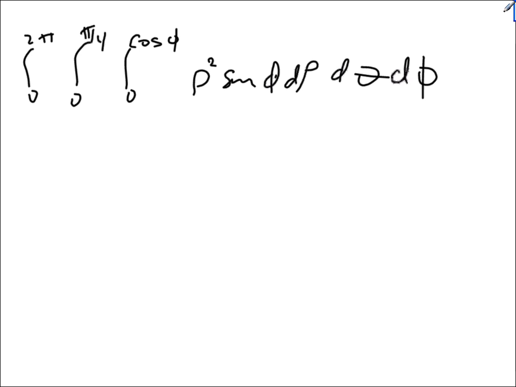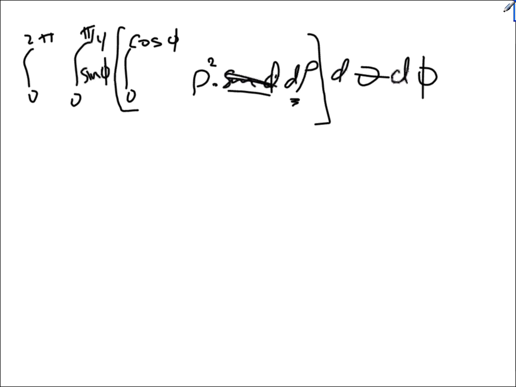Okay, we do the innermost integral first with respect to rho. You have rho squared times sine phi. Since it's a product and sine phi has nothing to do with rho, we could factor it out. Sine phi.